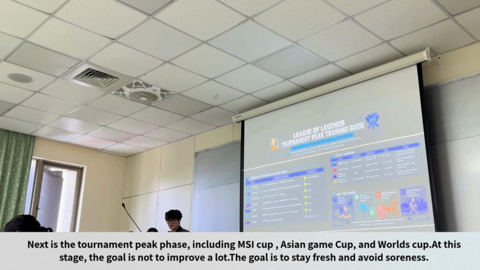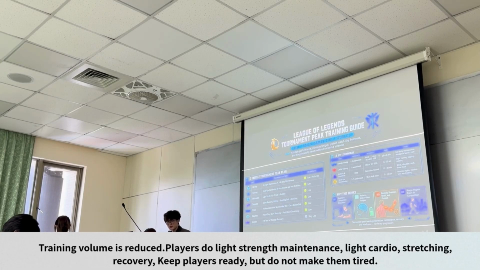And next is the tournament peak phase, including the NSI Cup, Asian Games Cup, and the World Cup, which is the most important competition. At this stage, the goal is not to improve strength. The goal is to stay fresh and avoid soreness. Training volume is reduced. Players do light strength maintenance, light cardio, and supplementary recovery.